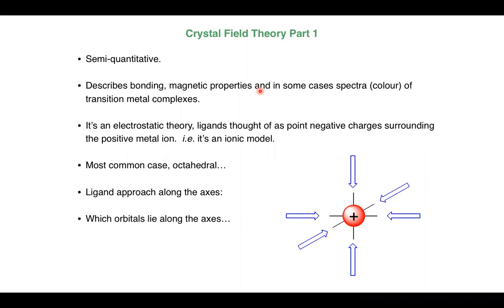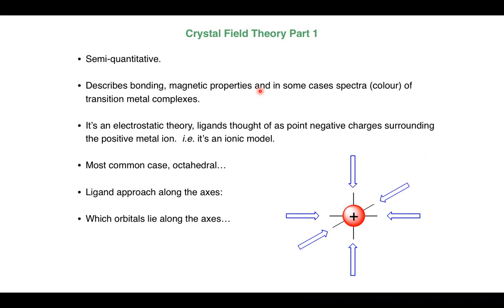It's an electrostatic theory, so ligands are thought of as point charges surrounding the positive metal ion. So it's effectively an ionic model. It doesn't really consider that there could be sharing of those electrons in somewhat covalent bonds. It's very good for the octahedral case, but then it struggles for other structures, although it still works pretty well for structures like square planar, tetrahedral, and so on.